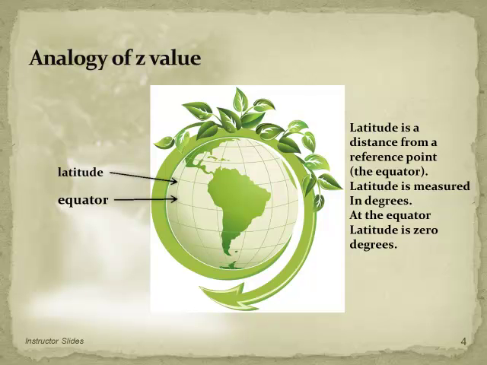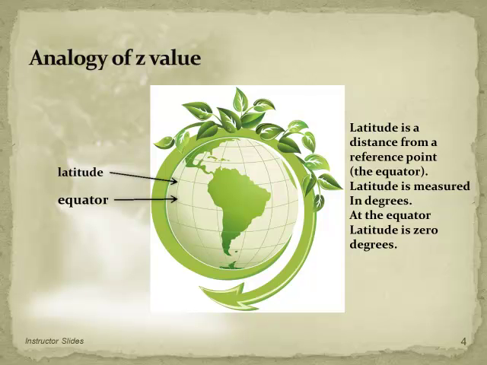So how far away is a particular city or someplace? Its latitude, distance from the equator. And latitude is measured in degrees. Since the Earth has an arc to it, how many degrees of arc is that particular city different from the equator?